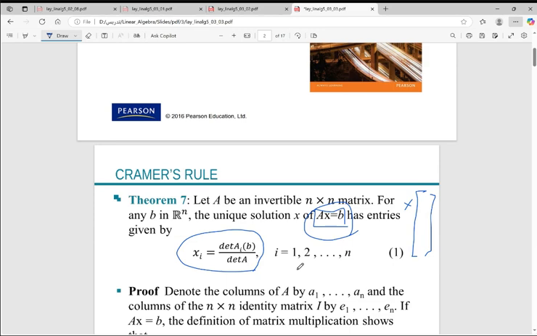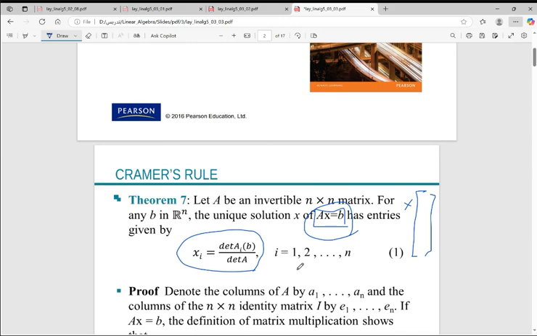Sometimes in the exam, we ask you to use this formula, then you cannot use echelon form. Sometimes we ask you to use echelon form, then you cannot use Cramer's rule. Sometimes we don't say anything, so you can use either one. It's up to you. But this rule is possible only when A is invertible.